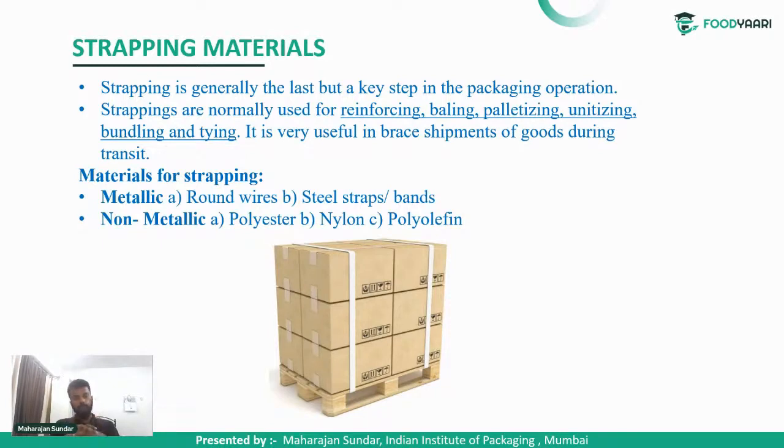As we discussed earlier, the distribution packages are held together and placed over a pallet. This is known as palletization. Palletization is complete only when the strapping materials are over it.